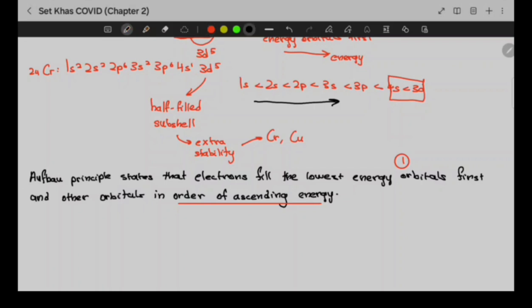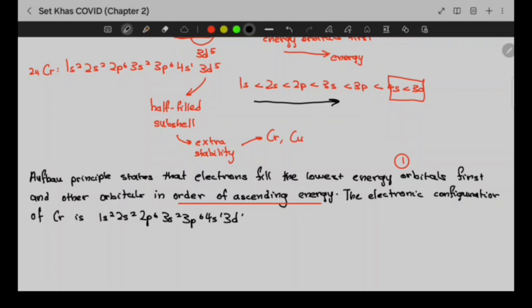So how to get your second mark? You can say that the electronic configuration of chromium is 1s2, 2s2, 2p6, 3s2, 3p6, 4s1, 3d5. This one we know as the anomalous case for chromium.